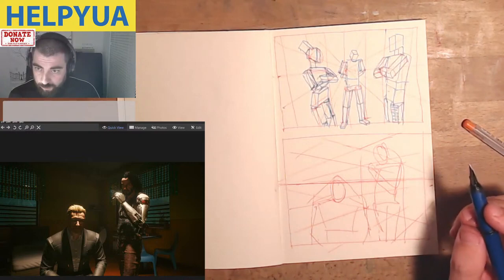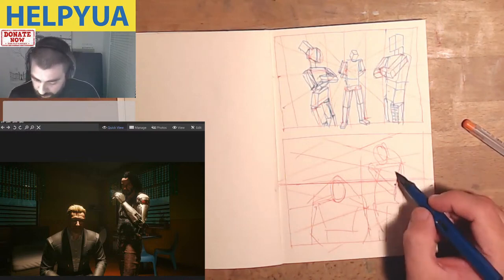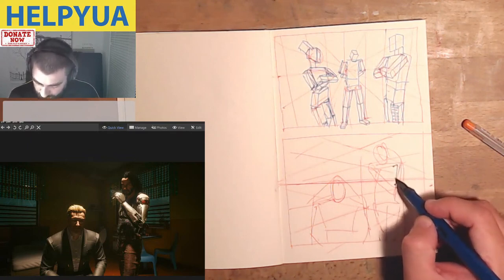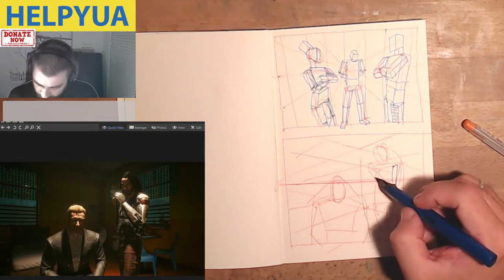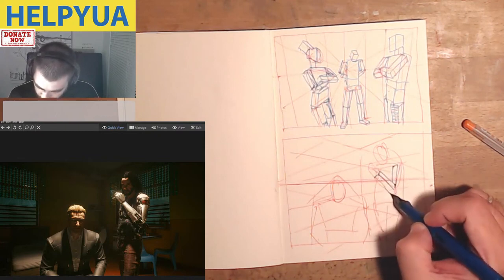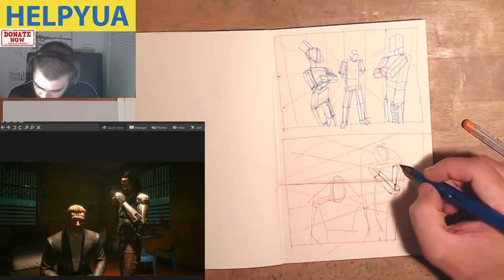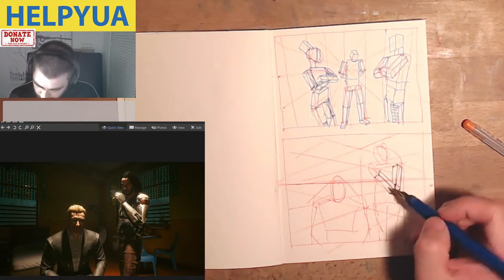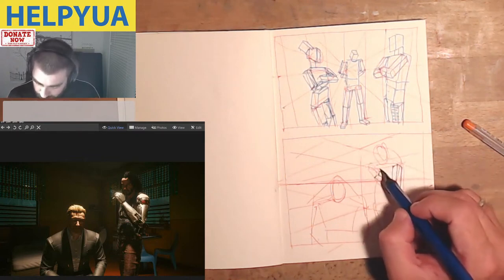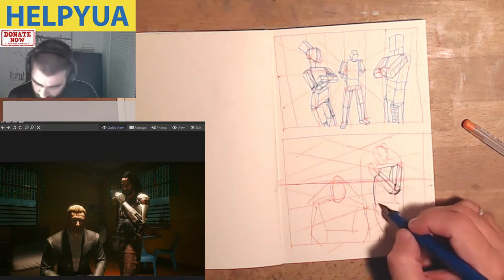So what we have, let's see again. So here we can see biceps. Here we can see like this. So here's the torso.